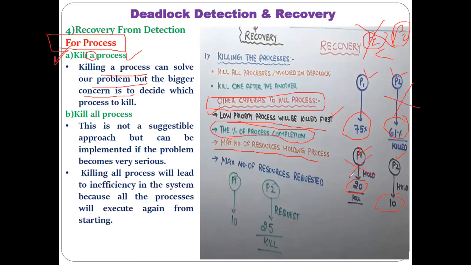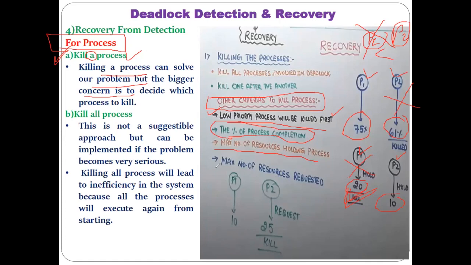P1 should be killed first because it is holding the maximum number of resources, and if you kill P1, the 20 resources can be released, and the deadlock can be recovered as compared with the 10 resources here. So maximum resources can be released if you kill P1 first.